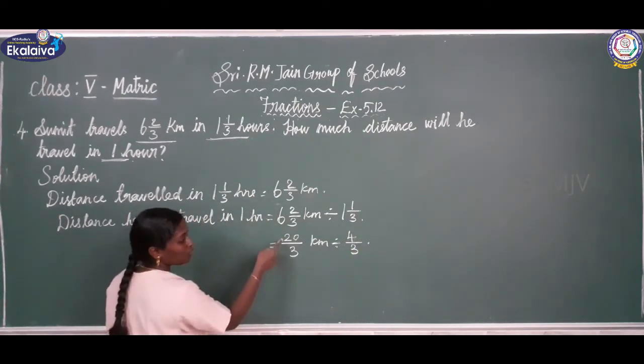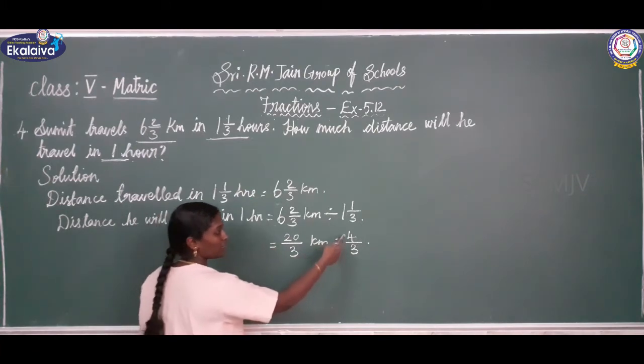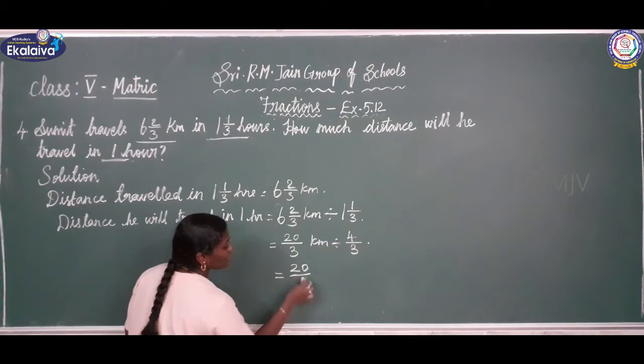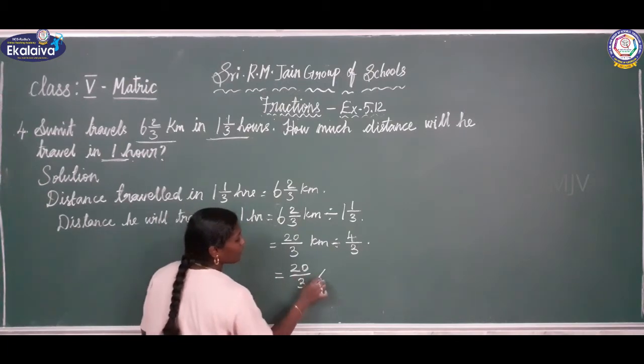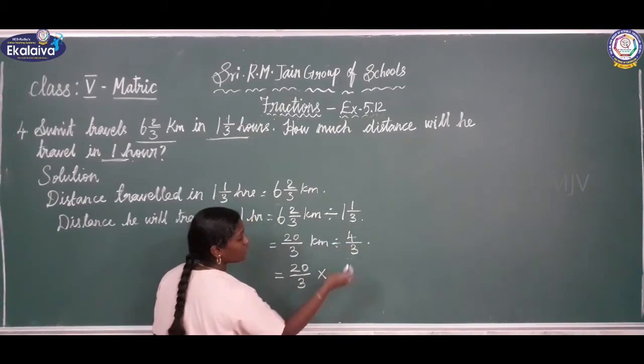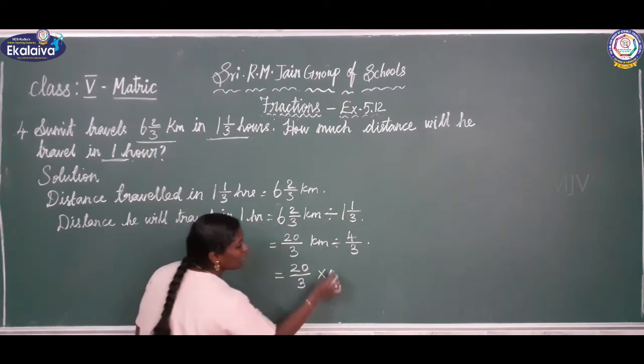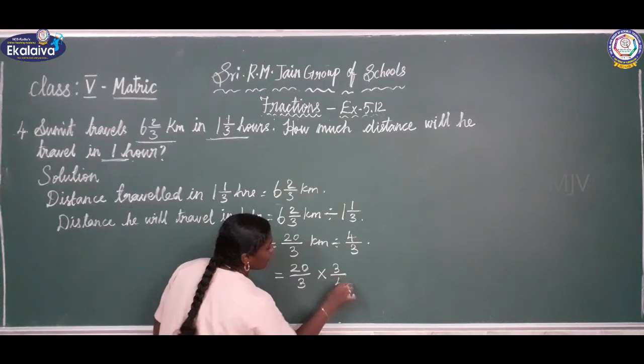Okay, here to divide the fraction 20 by 3 by 4 by 3, we are going to multiply the fraction 20 by 3 by the reciprocal of the second fraction 4 by 3. What is the reciprocal of 4 by 3? That is 3 by 4.